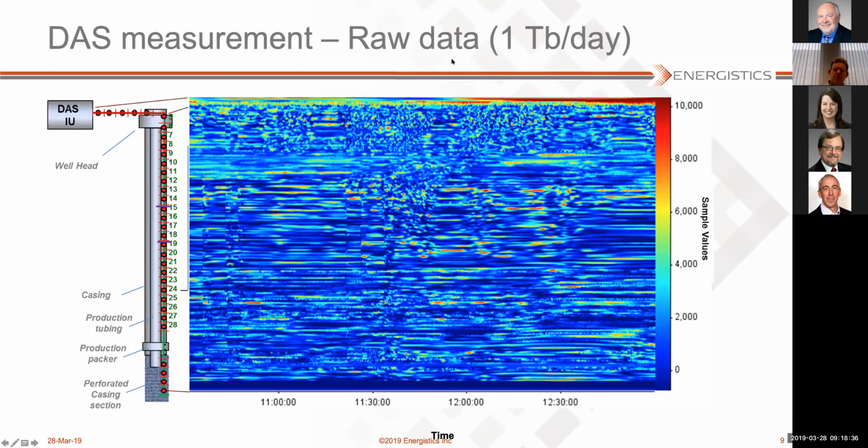So the volumes can be very large. That's how the raw data measurement may collect up to 1 terabyte a day. What you see here on the screen is a downsampled plot of such a DAS measurement.